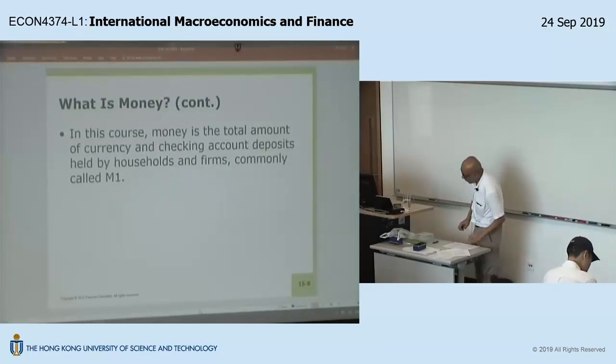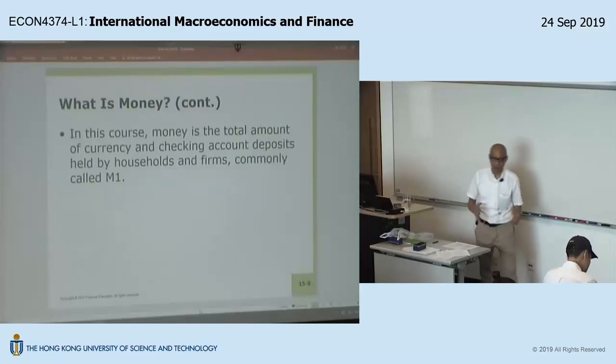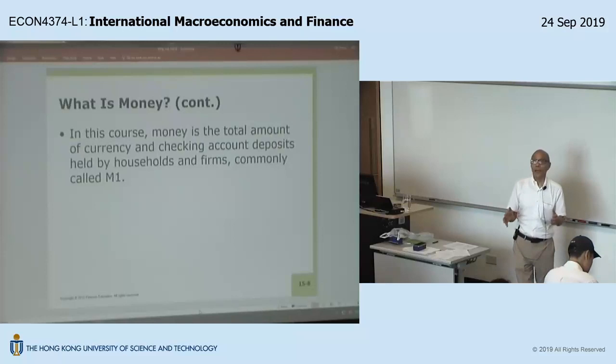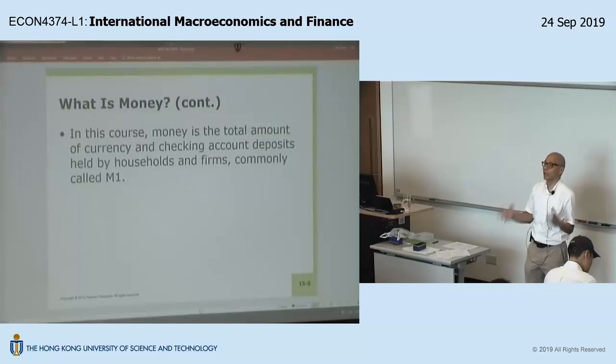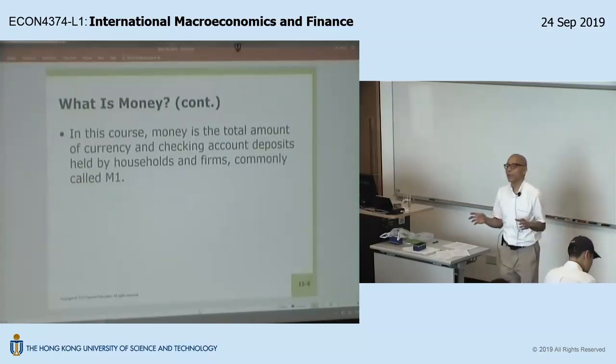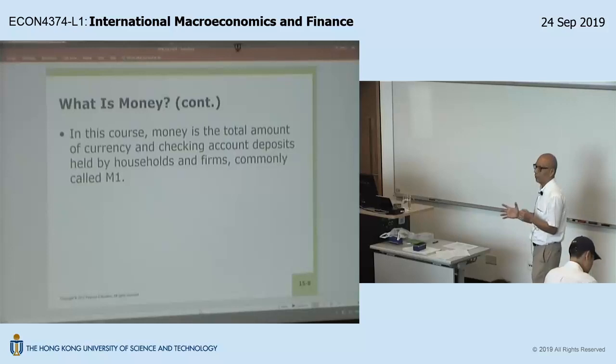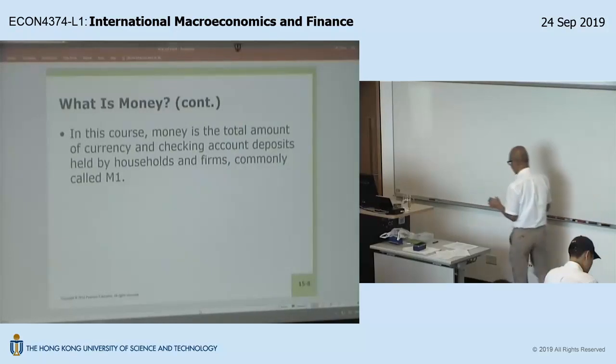Now, first of all, we're going to talk about the money market. The idea is to establish the fact that in the money market, in equilibrium, the interest rate is determined. Okay, so this is very important.